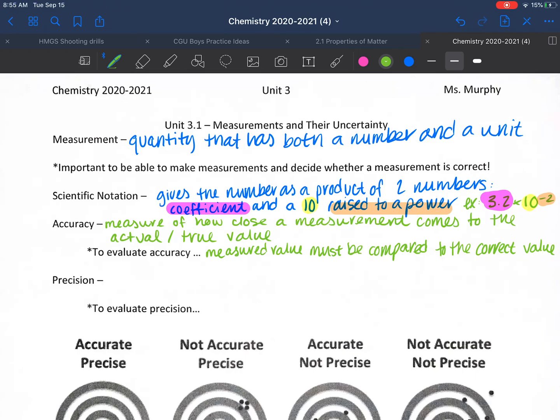Okay, and then we have what's called precision, which is the measure of how close a series of measurements are to each other.